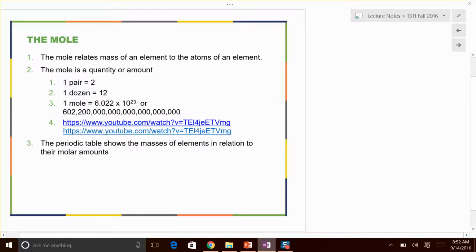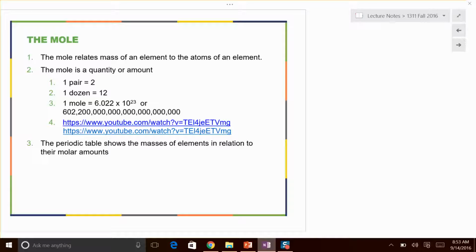Okay, now we're going to talk about the mole. I've been telling you these numbers represent grams for every mole. Well, what is the mole? The mole is a quantity, an amount. Just like 1 pair equals 2, or 1 dozen equals 12, 1 mole equals an actual number, 6.022 times 10 to the 23rd, or there it is, written out.